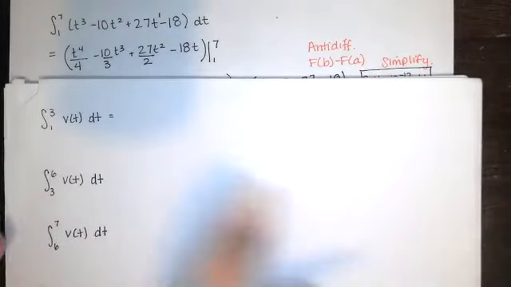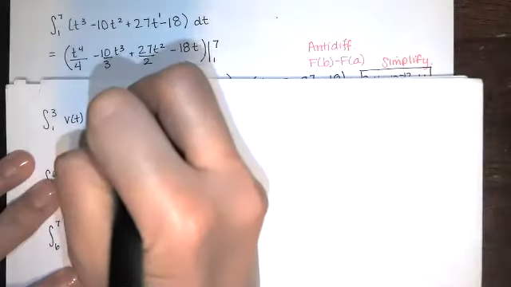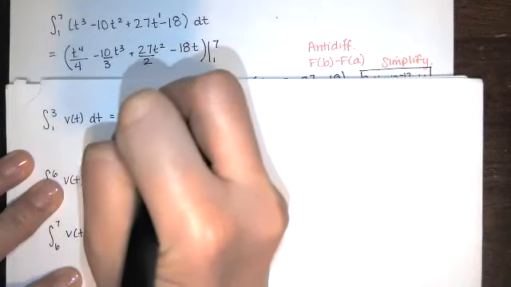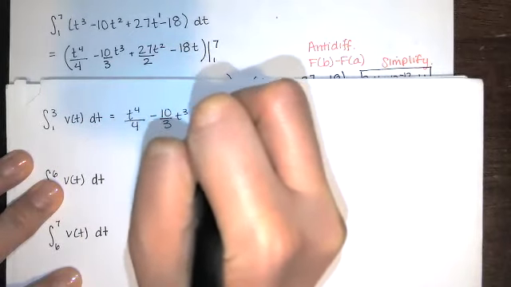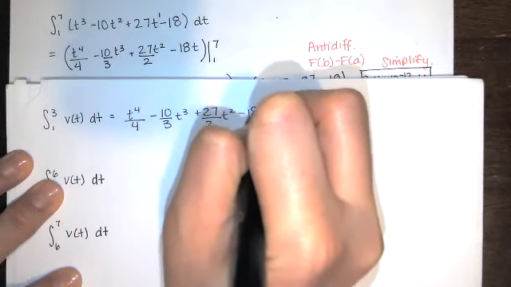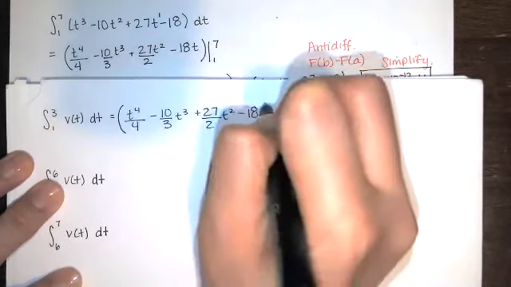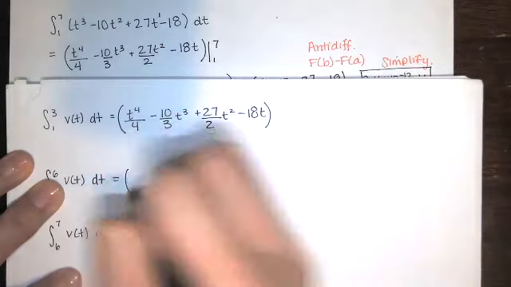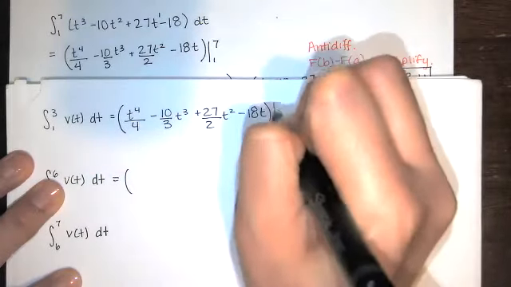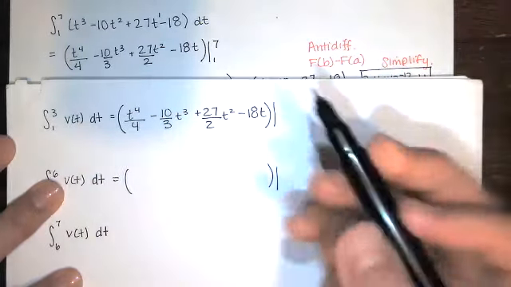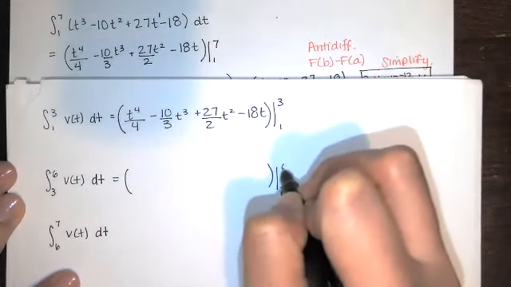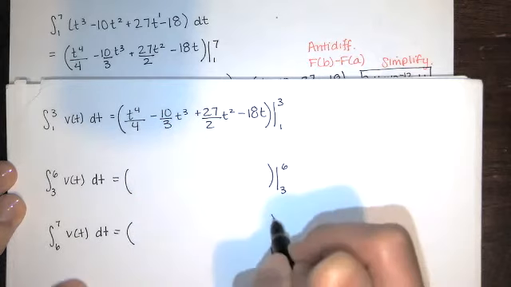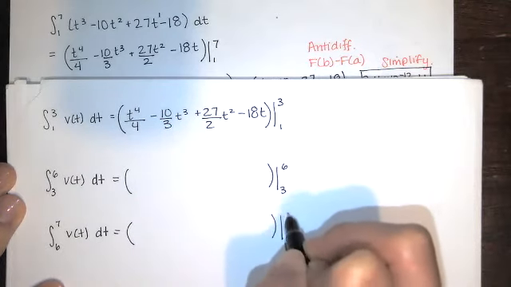It's right there. So we got t to the 4th over 4 minus 10/3 t cubed plus 27 over 2 t squared minus 18t. It's going to be the same antiderivative for all of them. We're just evaluating over different intervals, excuse me. I'm evaluating from 1 to 3 here, then 3 to 6 here, and then 6 to 7 there.